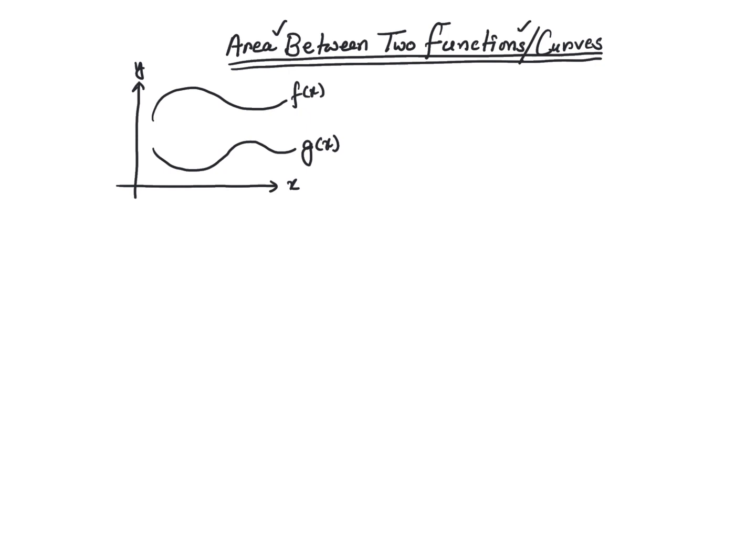These are just two arbitrary functions, and my points of interest are, let's say, a and b, and I'd like to find the area between these two points, bounded by these functions, or the area between these two functions, and let's call this area A.